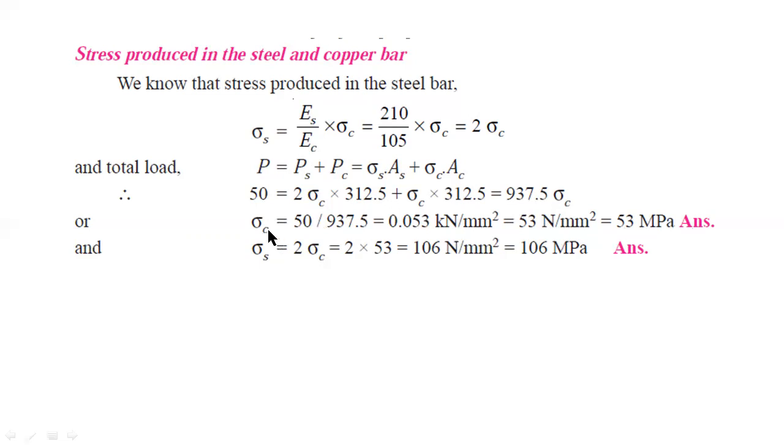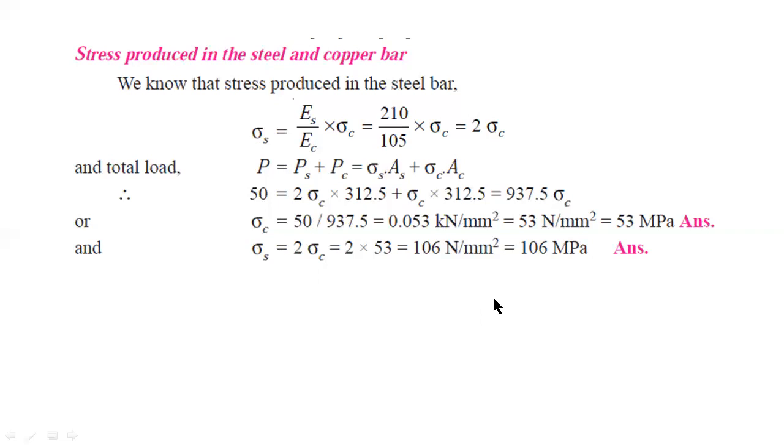This is the stress induced in the copper material. By using the relation sigma s equals 2 into sigma c, substitute the value of sigma c in this equation and you will get the value of sigma s. So sigma s, the stress induced in the steel bar, equals 2 into sigma c, equals 2 into 53, equals 106 megapascal. So this is the answer for the composite bar.